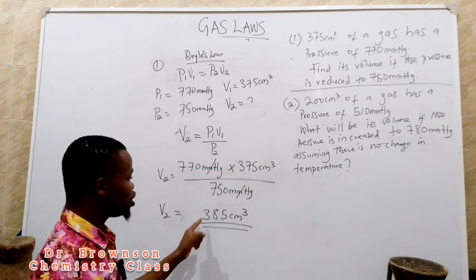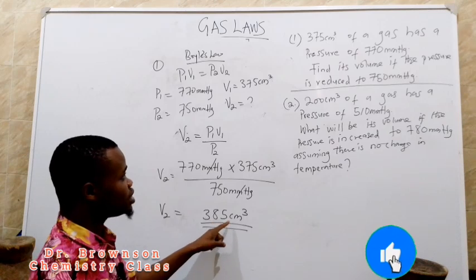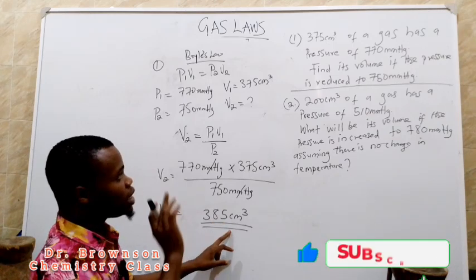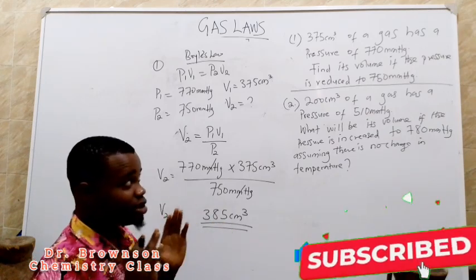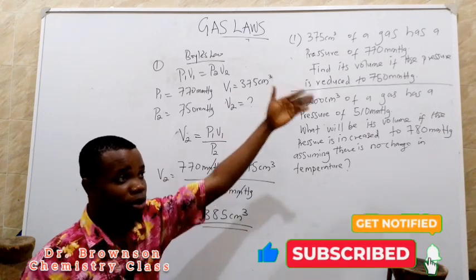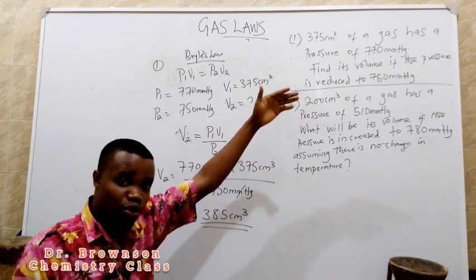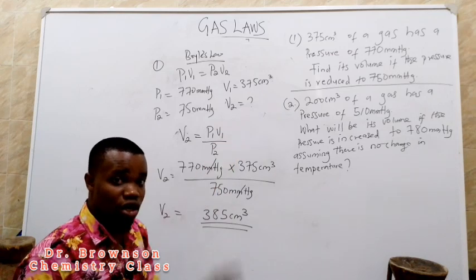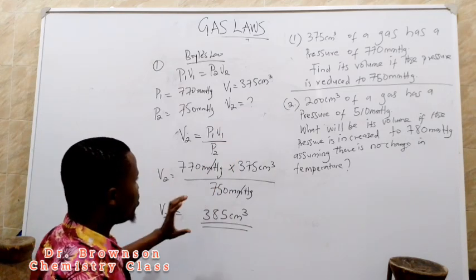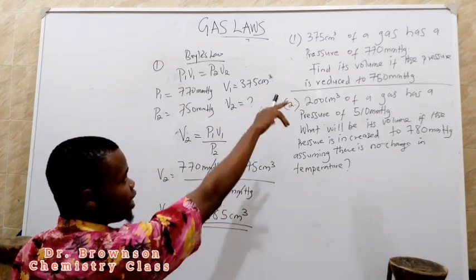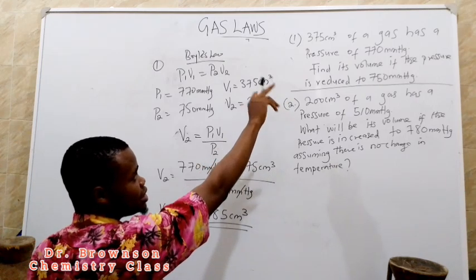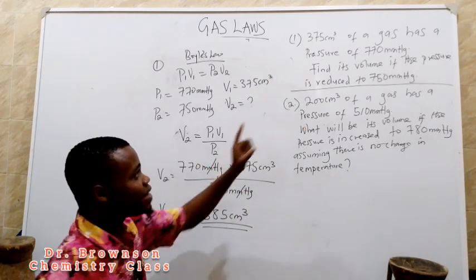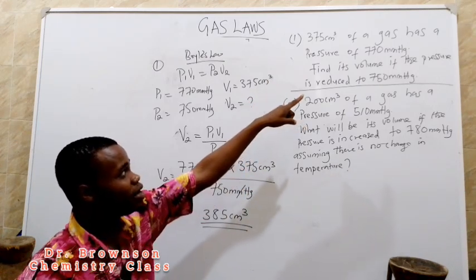A volume of what? 385 what? Centimeter cube. Now watch something. As I explained earlier, I said if the volume increases, pressure does what? Reduces. If the pressure increases, volume does what? Reduces.